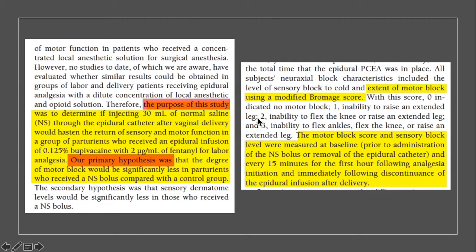Differences in motor block were assessed with the Bromage scale. You can see that here. Motor block and sensory block were measured at baseline and every 15 minutes for the first hour following discontinuation of the epidural infusion.